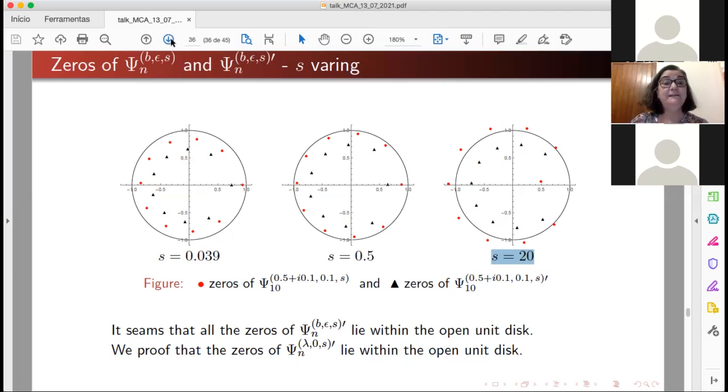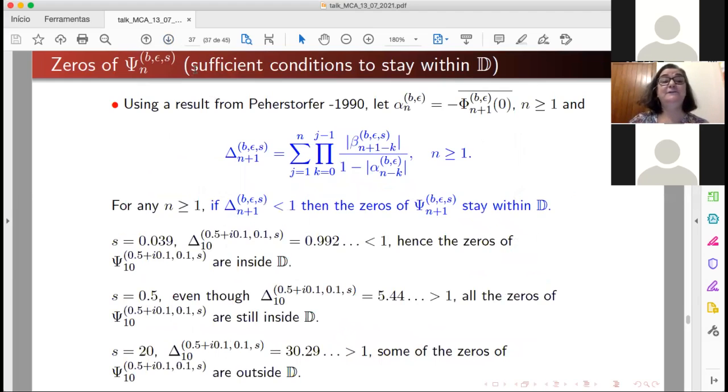What we managed to find until now were some sufficient conditions for all the zeros of the Sobolev polynomial to stay inside the unit circle. Actually, we use a result from Perestrofer. Here, the notation alpha n are the Verblunsky coefficients for the orthogonal polynomial on the unit circle with respect to the measure mu epsilon.